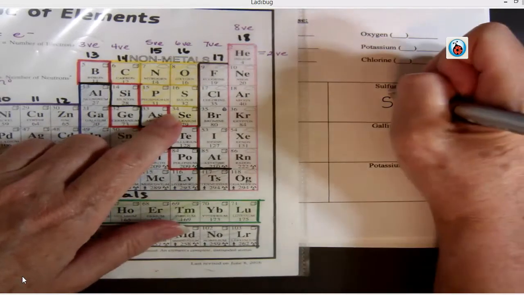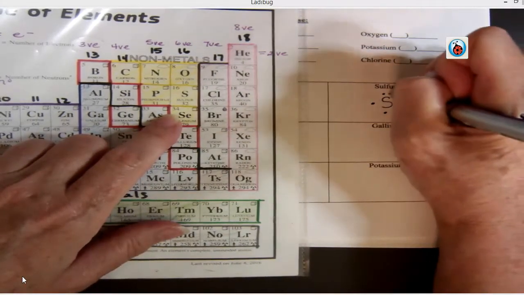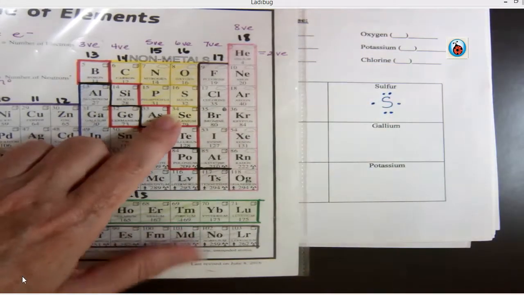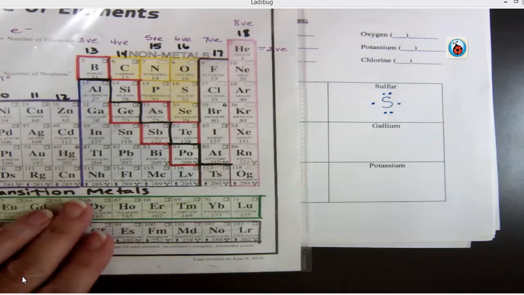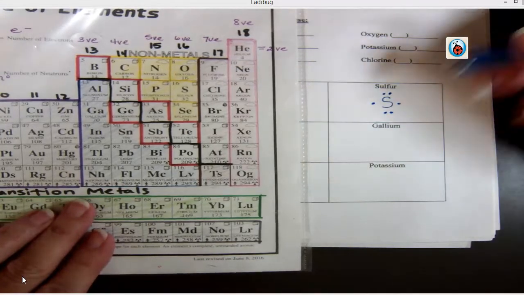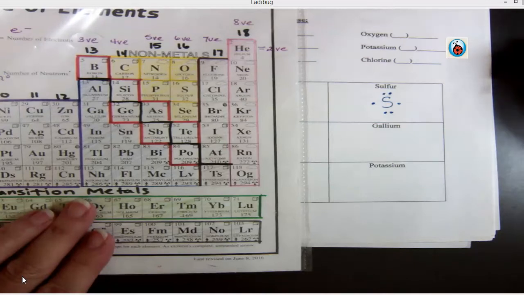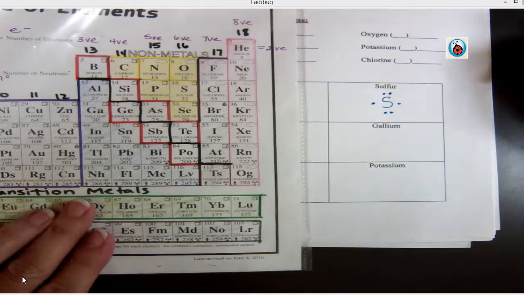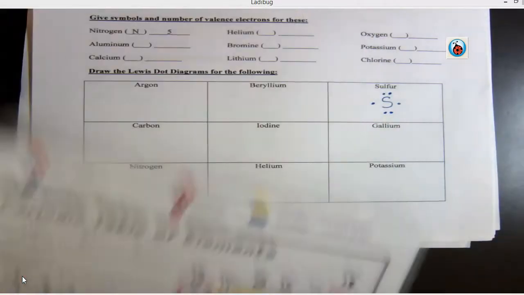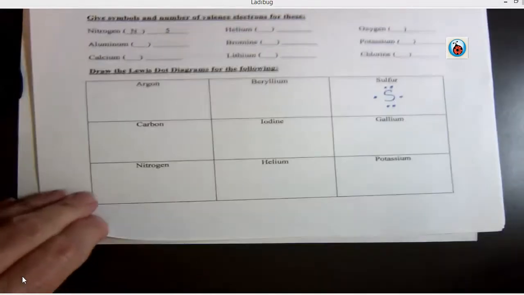So I'm going to put 6 valence electrons around him. There is a specific order, but for our purposes, we don't care. As long as you've got your 6, they come in pairs. That's why I have 2 here, 2 here, and 1 on each side. These valence electrons are what's involved in our ionic bonding, so we need to know how to set those up. Okay, so element symbol with the valence electrons.